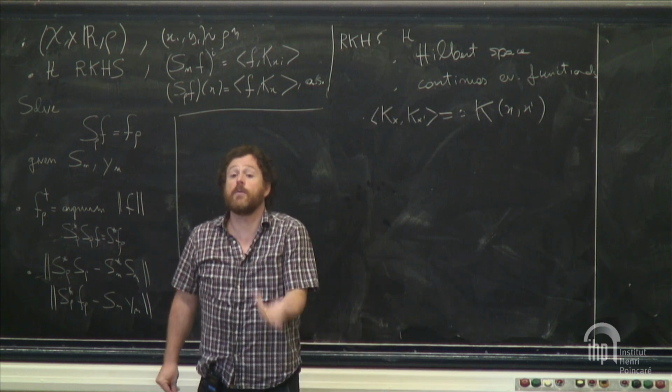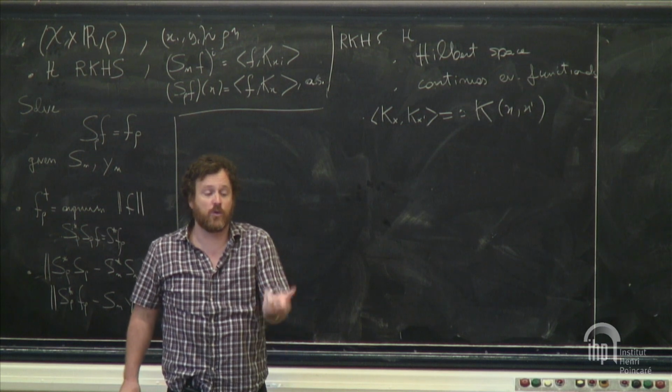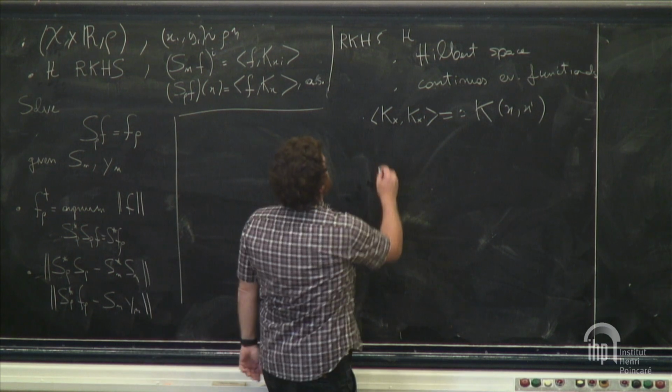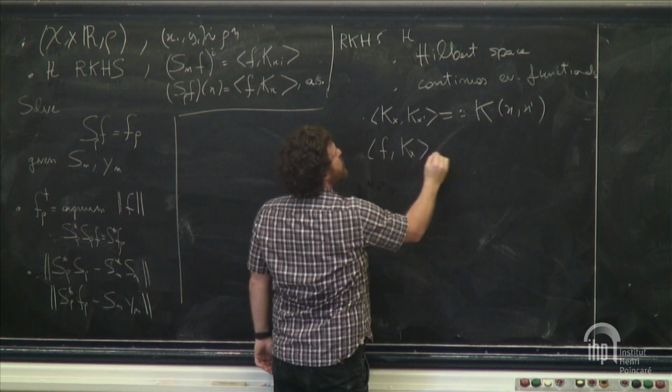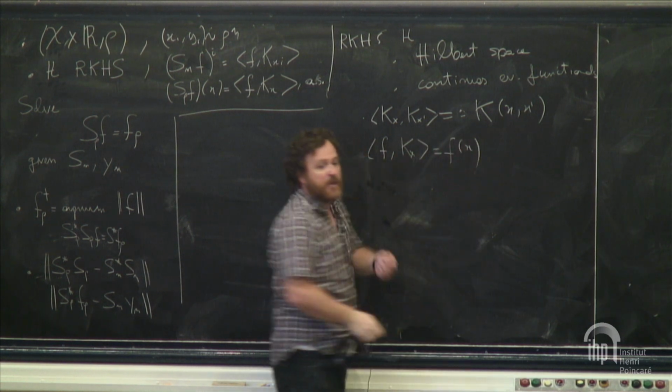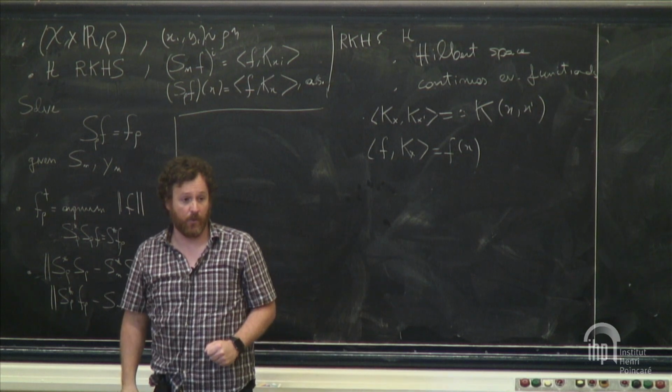And this is what they call the reproducing kernel of the space. It's called reproducing kernel because if you take the inner product of f with k_x, by definition you get f of x. You reproduce the function at the point.